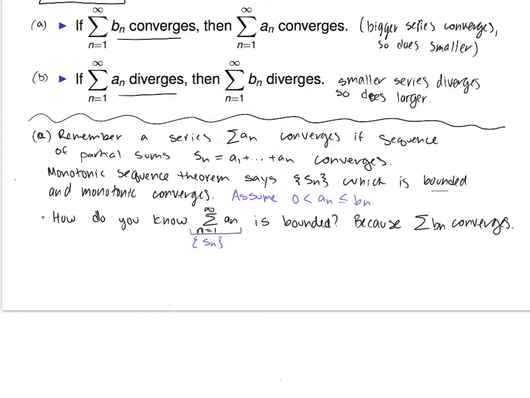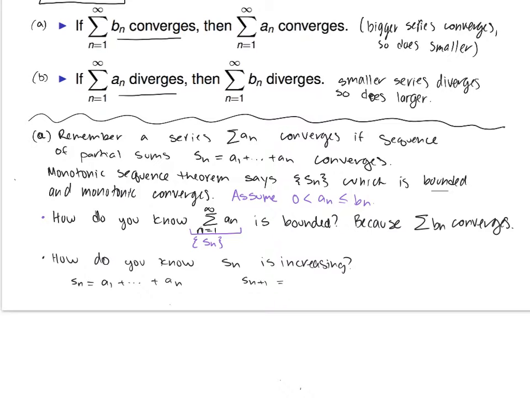How do you know that this sequence of partial sums, S sub n, is increasing? In other words, suppose you look at S sub n, which is adding the first n things, and S sub n plus 1.